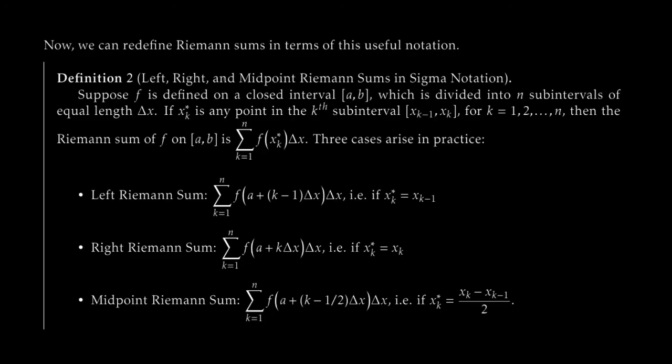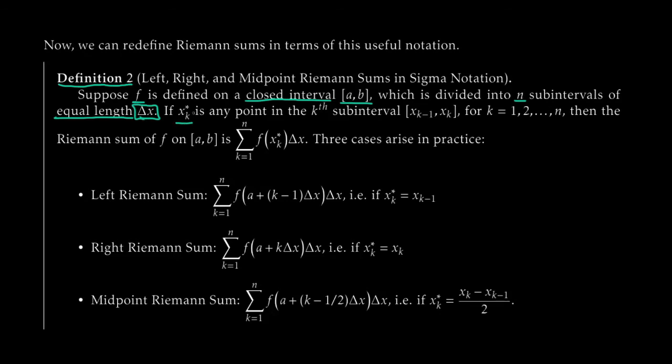Okay guys, so for one, using sigma notation or summation notation makes the definition of a Riemann sum way easier. To start with, let's look at an alternate definition of the Riemann sum. It really is exactly the same, just written with different symbols. Same assumptions: we suppose that the function f is defined on a closed interval from a to b, and that we're dividing it into n subintervals of equal length, which we'll denote by delta x, like we talked about before.